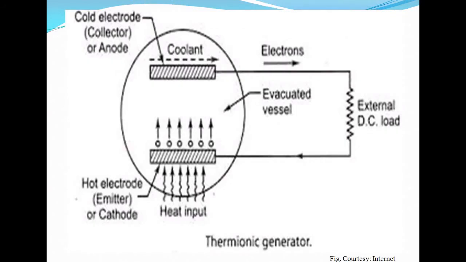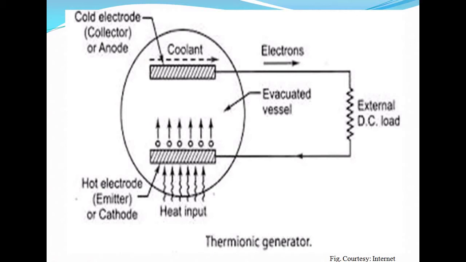So now this is the construction of the thermionic generator. Here you can see this is the container, and this is the hot electrode, which is also called the emitter or cathode. Heat is supplied to this emitter.